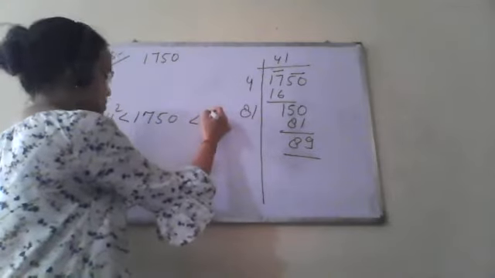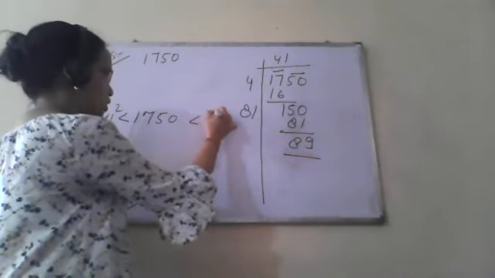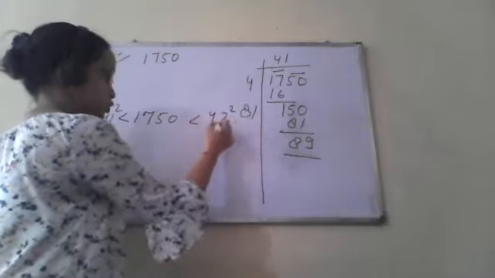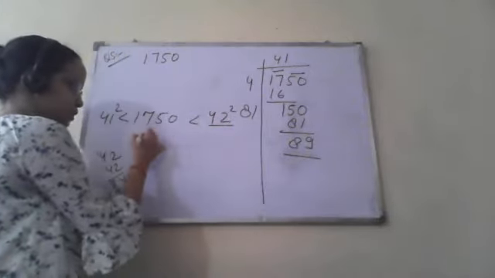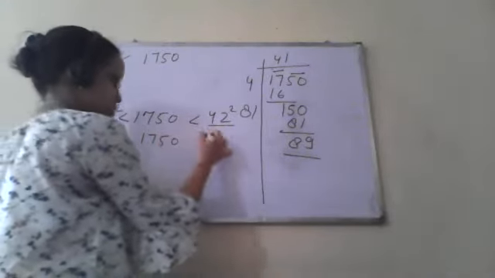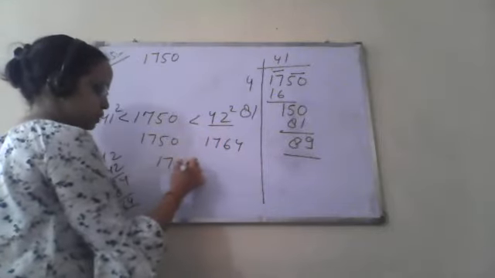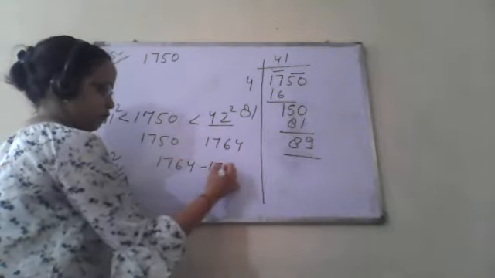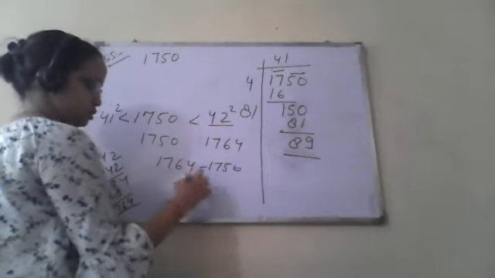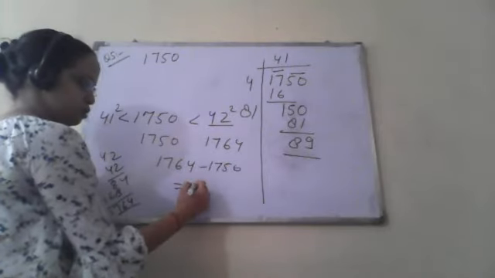So it is less than the square of 42. This is 1750 and this is 1764. So the difference between these two will be 14.